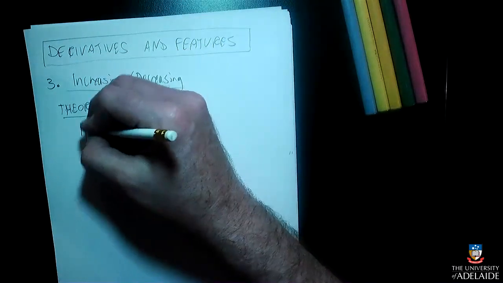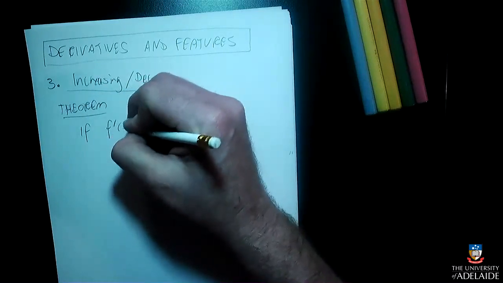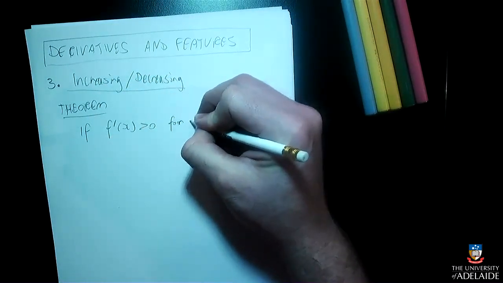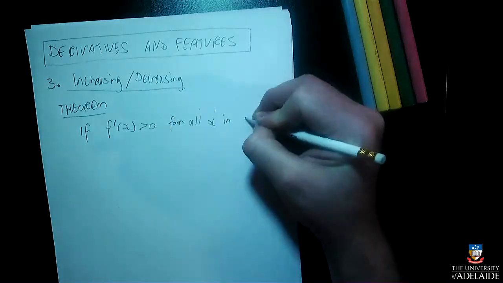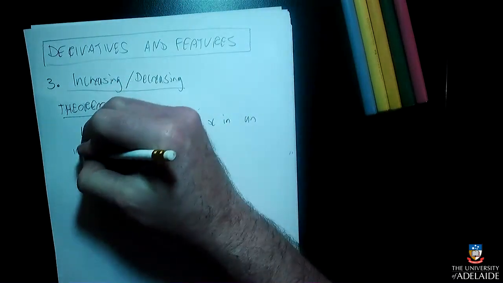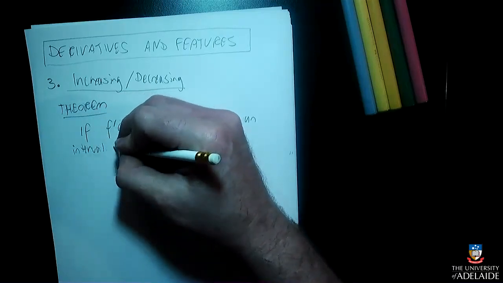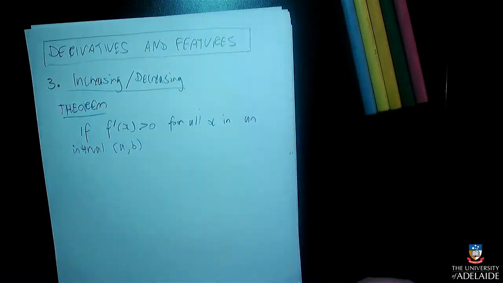So if f'(x) is greater than 0 for all x in an interval, and in particular in an open interval where it doesn't include the two ends, okay? Doesn't really matter what happens at the two ends, it'll be fine.